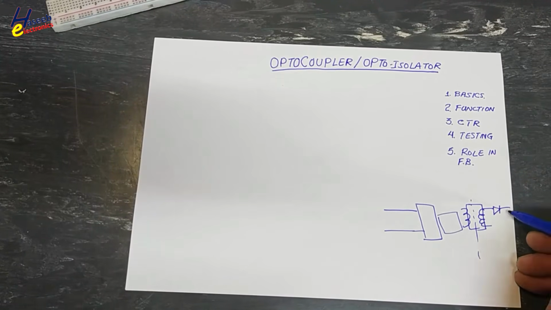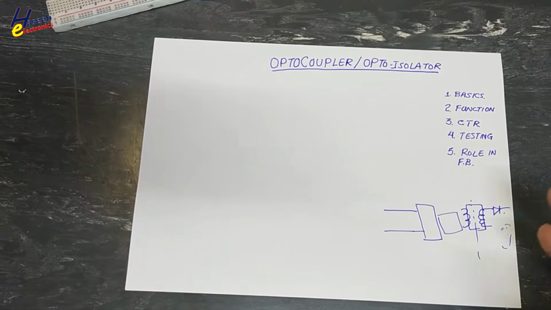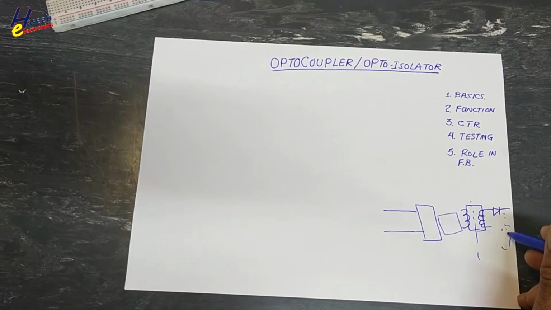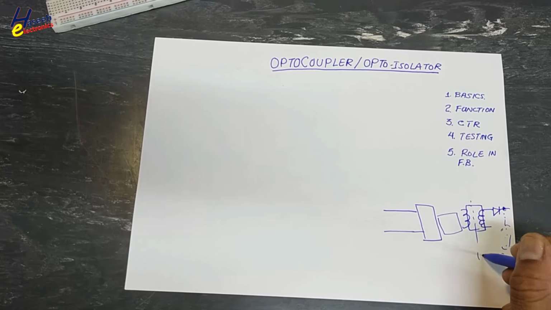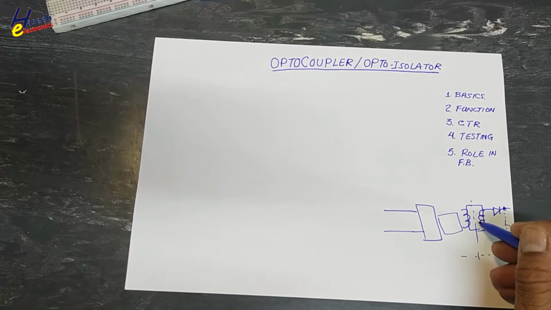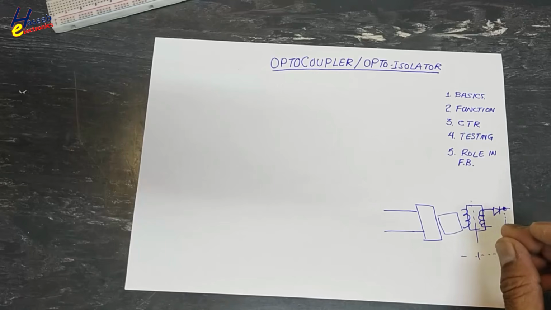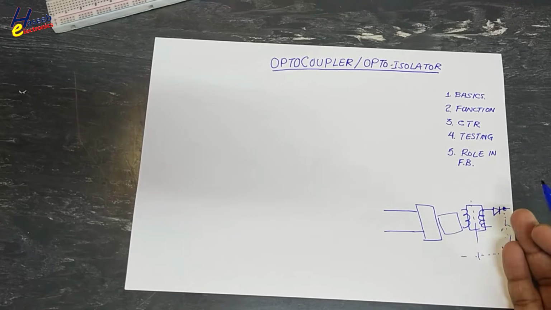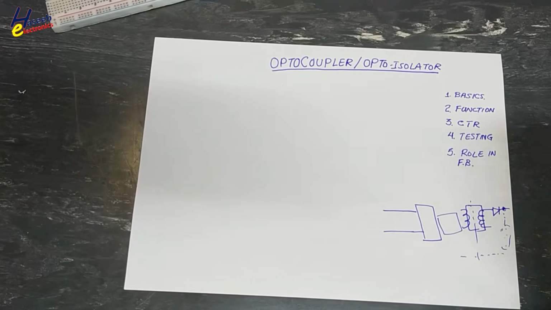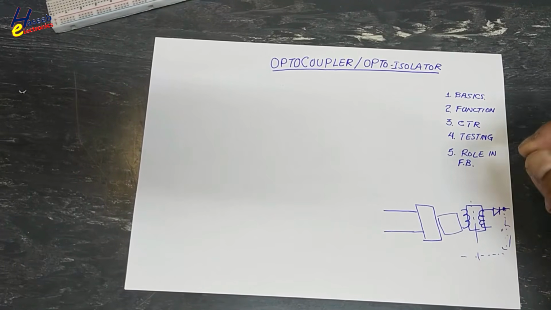We are taking output on this side, the output side. We need information on the exact value here that will be transferred here. Here we are using a transformer that is providing isolation, isolated voltage, separated from the primary side, because a transformer works using magnetic flux lines.